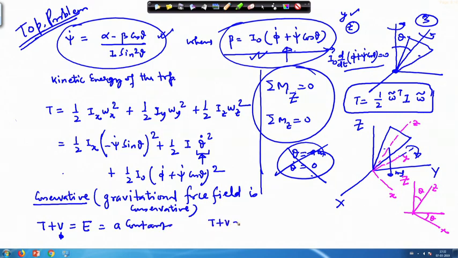T plus V equal to E. So, your V will be equal to m g, see here, if this is the mass center and this distance is c, we will take it on the next page maybe.